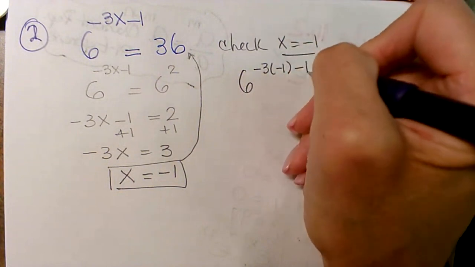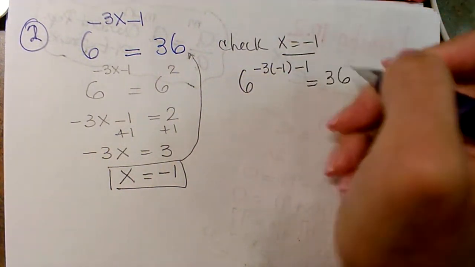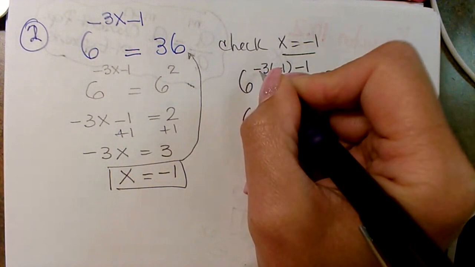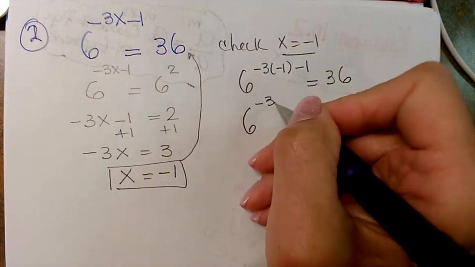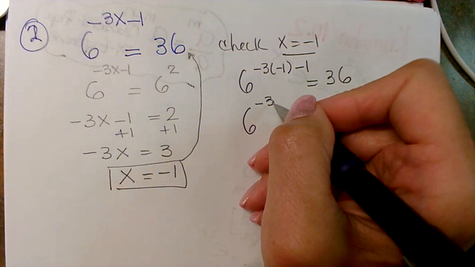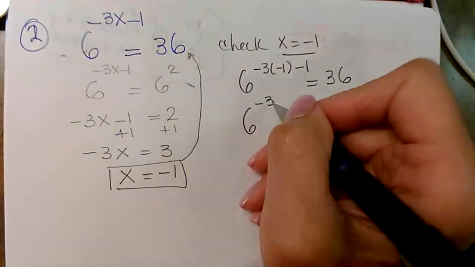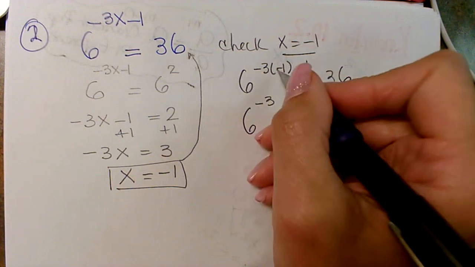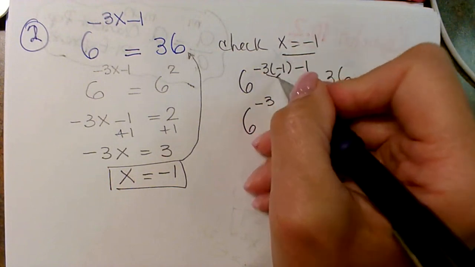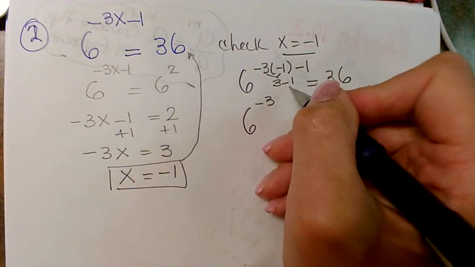Negative 1 minus 1 equals 36. So this is going to be negative 3. Oh no, this is plus. Sorry, this is plus minus 1.